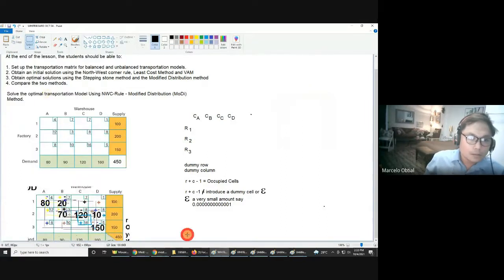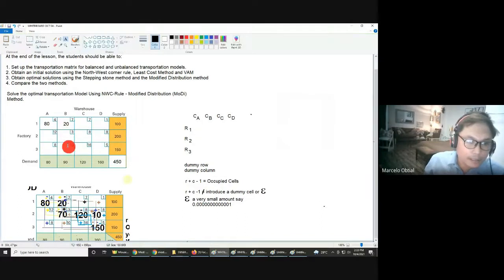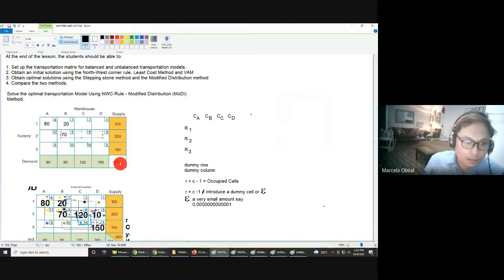Using the northwest corner rule, this is 80, then followed by 20, then 70, then 120, then 110, then 150.